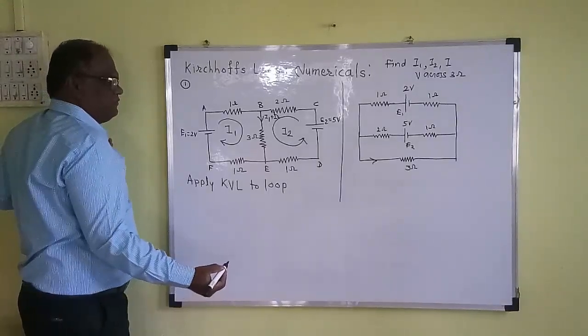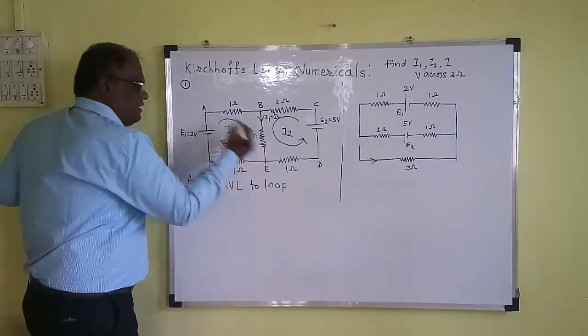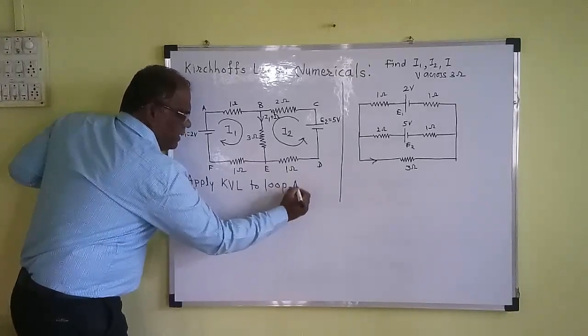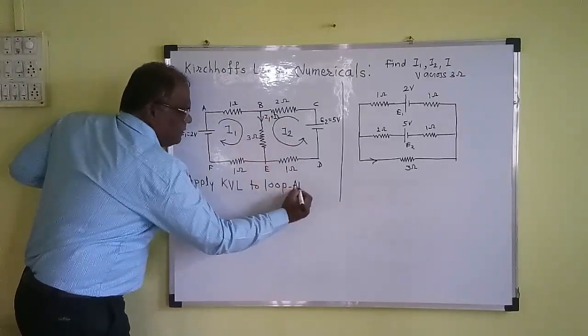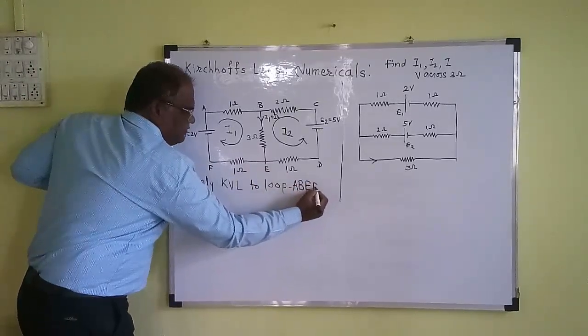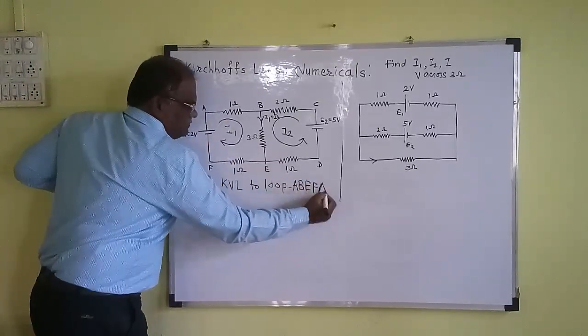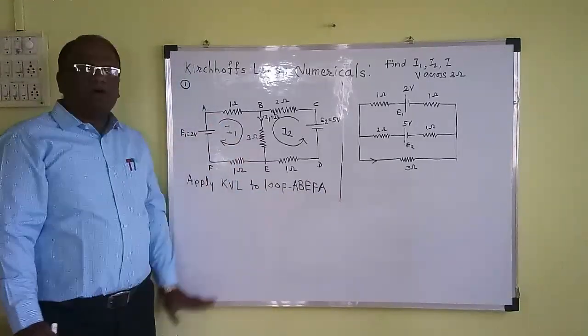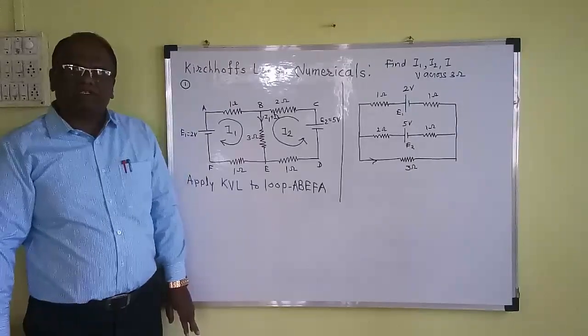First loop, which one is it? Let us consider loop A, B, E, F and A. For this loop we have to write Kirchhoff's equation.